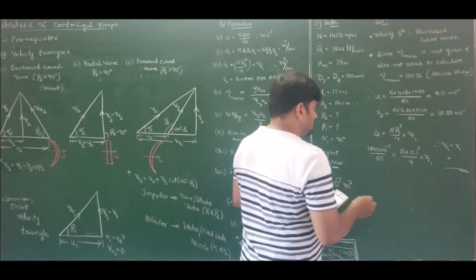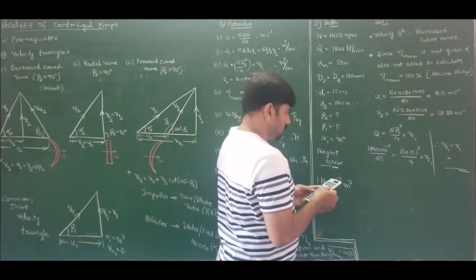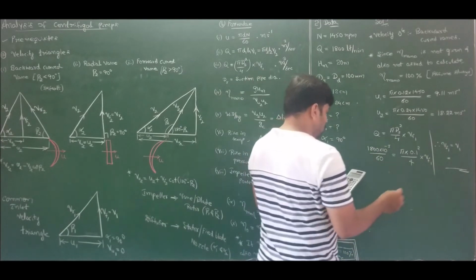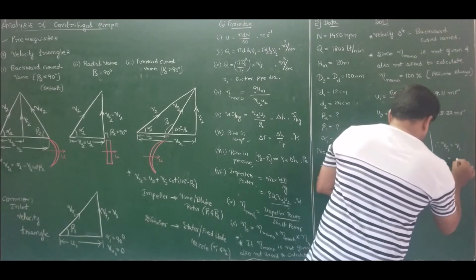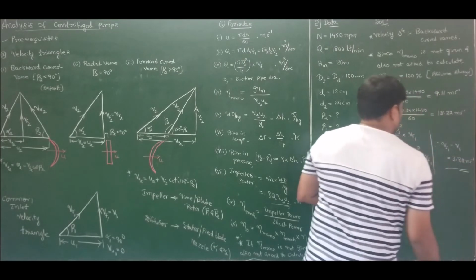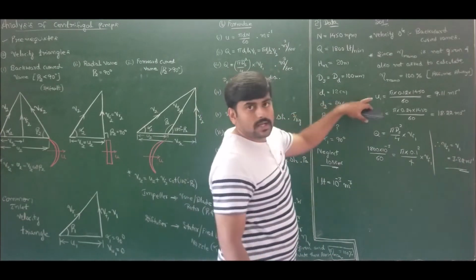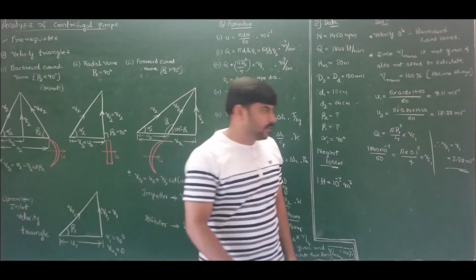Solving this, I will get the answer as 3.82 meters per second. So we know the value of V1, we know the value of U1, so I can find the value of beta 1.